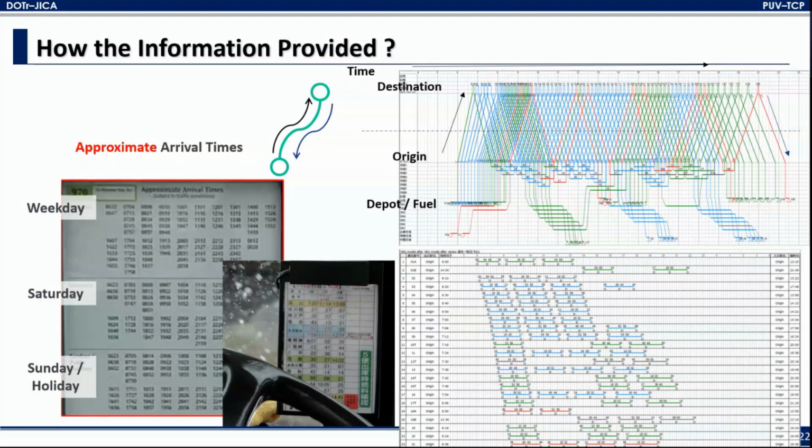Such timetables were also introduced in Japan in 1952. I remember this is the first example, and this timetable operation was introduced due to the fuel shortage after World War II.